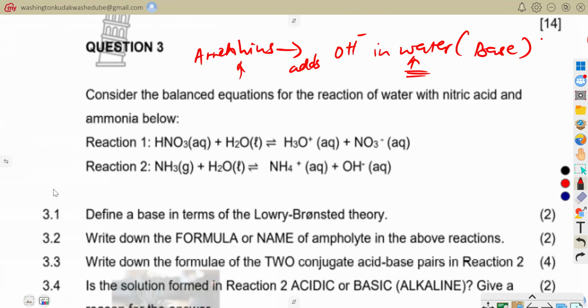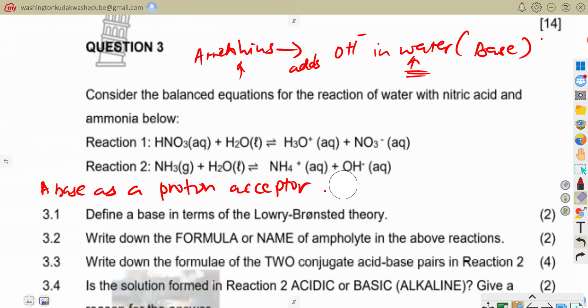That's when they came to say that you can define a base as a proton acceptor. So according to these guys, a base is a what? A proton acceptor.